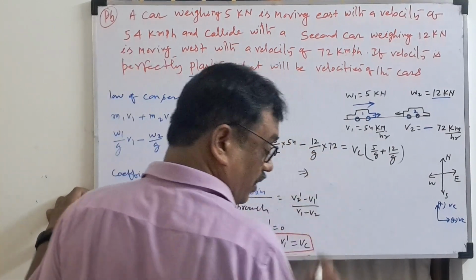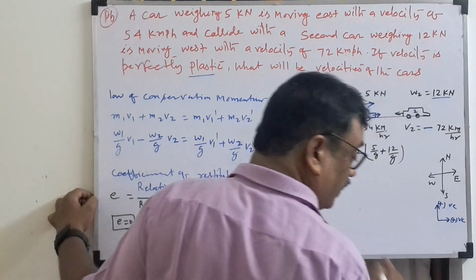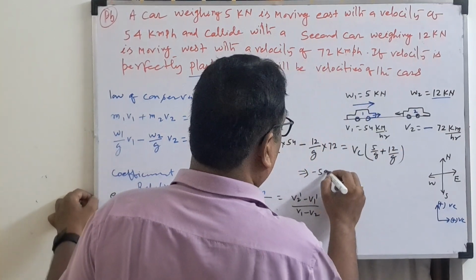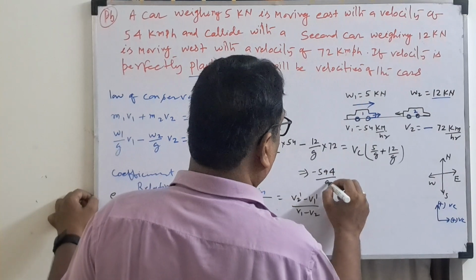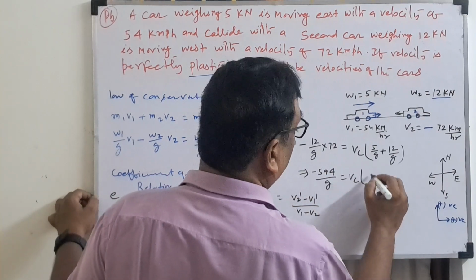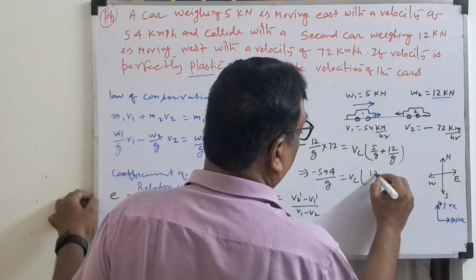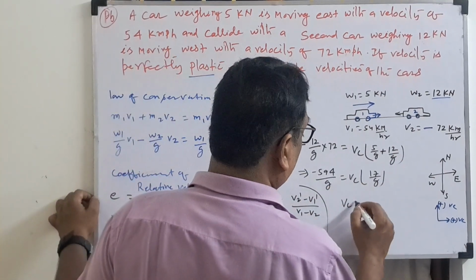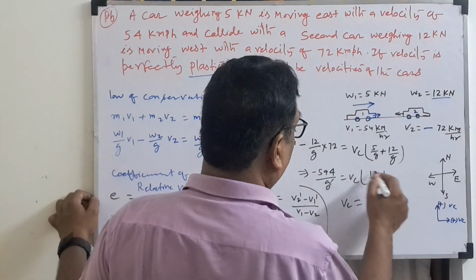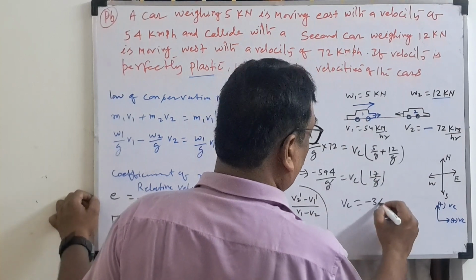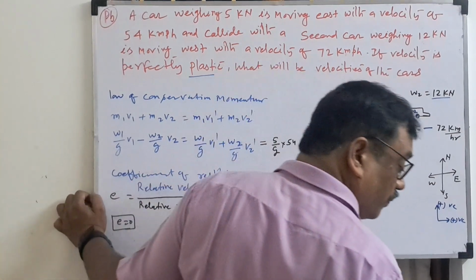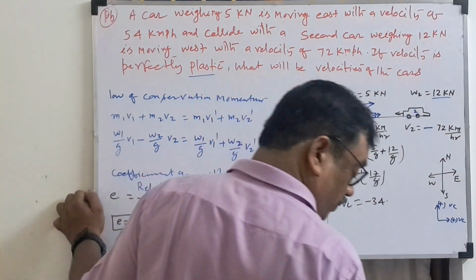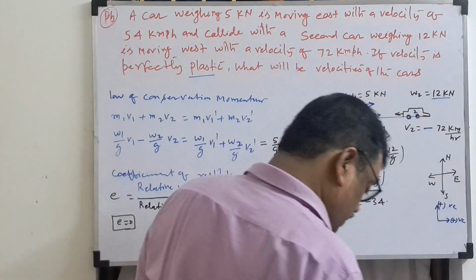It is already calculated, coming 594 by g, minus, 594 by g equals Vc times 12 plus 5, that is 17 by g. So g gets cancelled, and Vc comes to about 34.94, I think, we will check it.